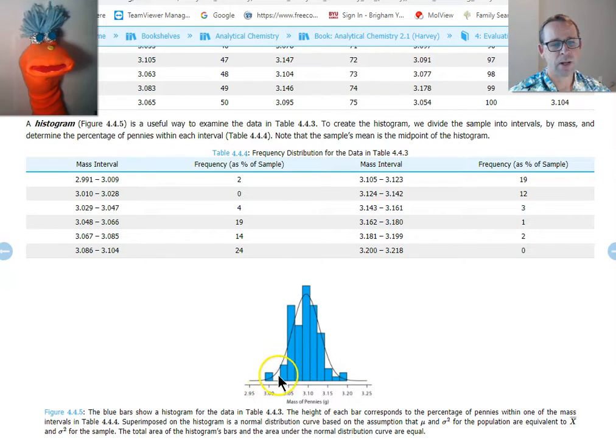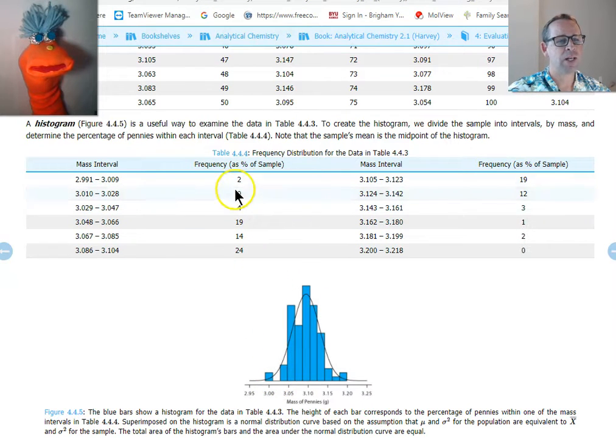Basically, this is our actual number of the pennies that have these masses within given ranges. It says 2.95, 3, and 3.05, but really each one of these bars is a small mass interval, so from 2.91 to 3.09. And here 3.01 to 3.028.